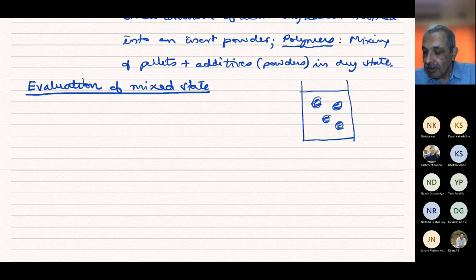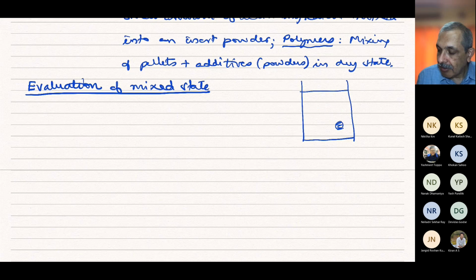Let's say you're trying to mix some amount of the black material into the white material through agitating the powder, rotating the container, whatever. Usually drum mixers are very commonly used, but there are many other kinds of mixers. I'll show you some examples later.